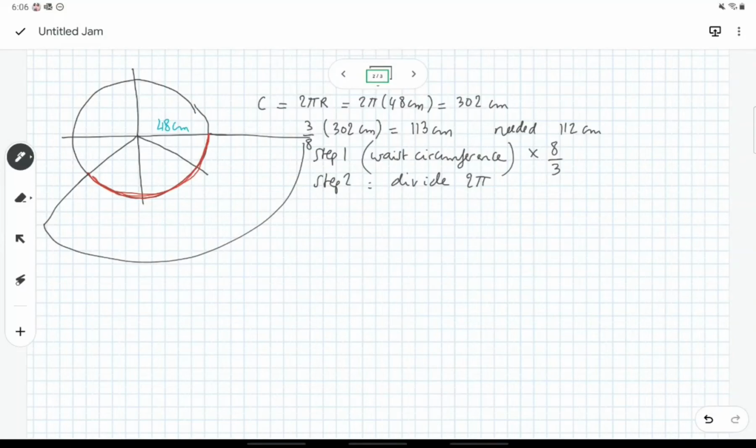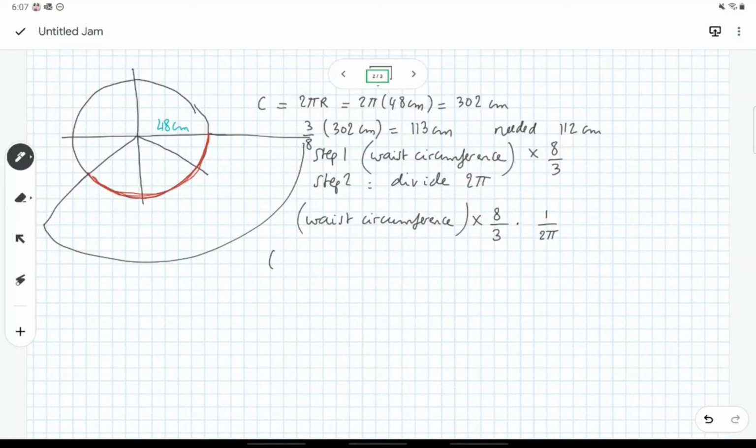So to summarize, what you want to do is take your waist circumference, multiply by 8/3, and then divide by 2 pi. We can combine this so that you don't do too much math. Less math is better. Let's do the math now so you don't have to do it.